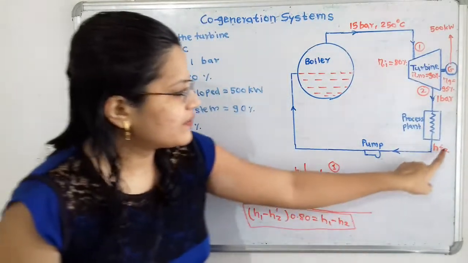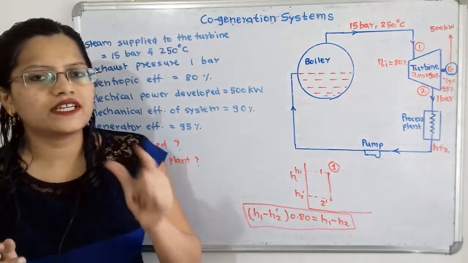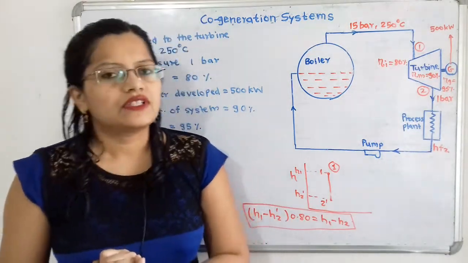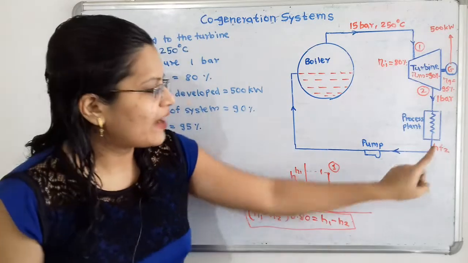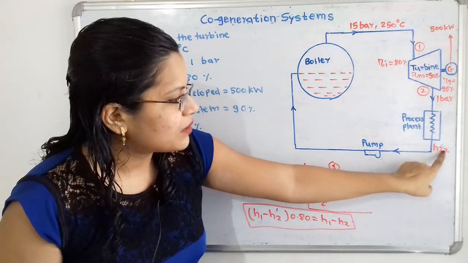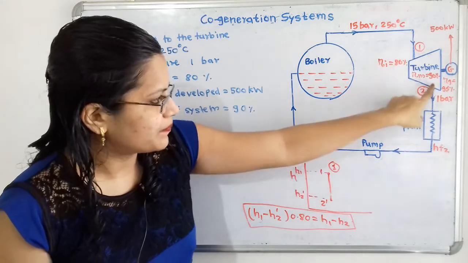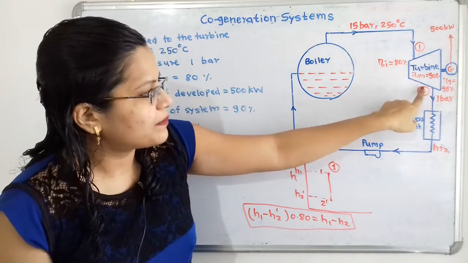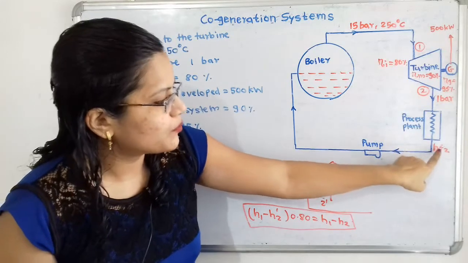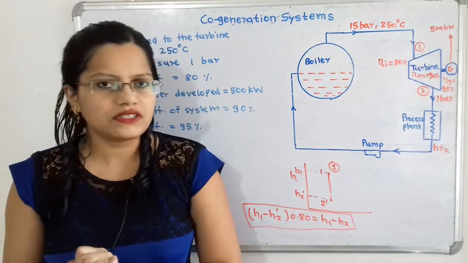Why is suffix f there? Because the fluid is in the form of liquid, that is the saturated water. So we have to find out the enthalpy of liquid at point 2, and the pressure remains the same. So here enthalpy h2 is there, and at the exit point enthalpy hf2 is there.